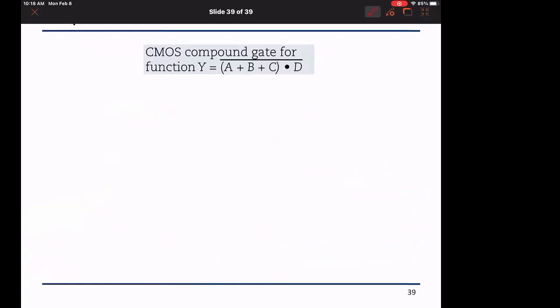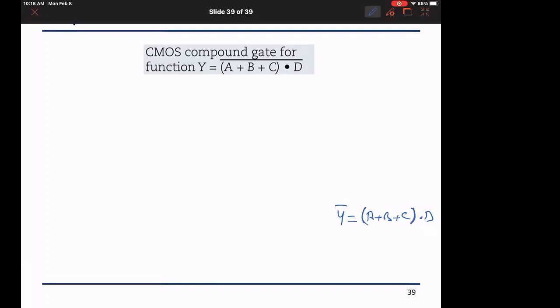So I have another CMOS compound gate, which is A or B or C, ANDed with D. So here we will have Y bar equal to A or B or C ANDed with D. This means I will start with the bracket because it is required here.